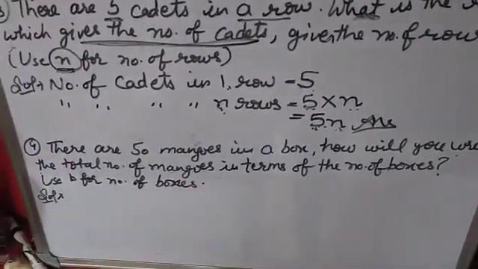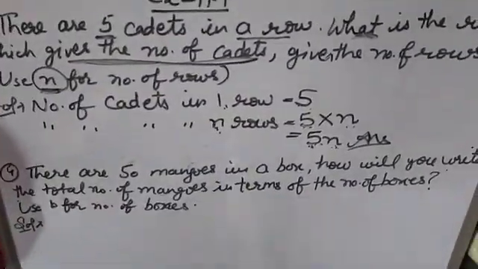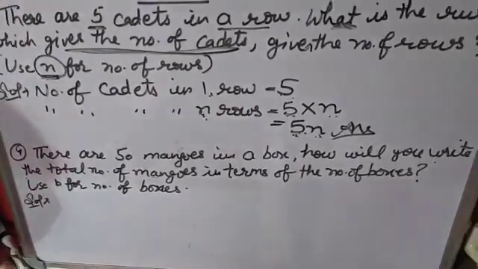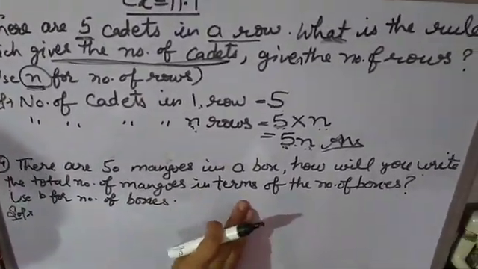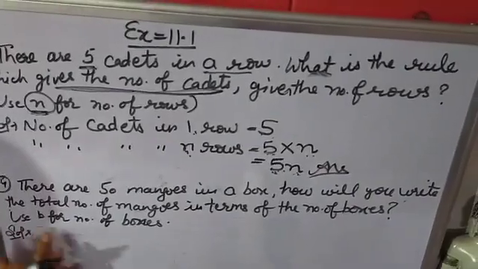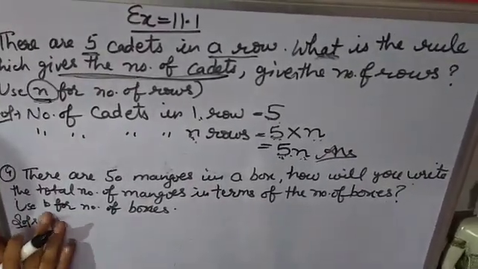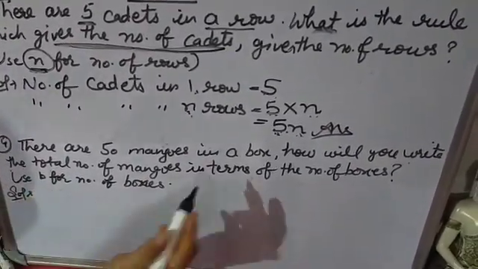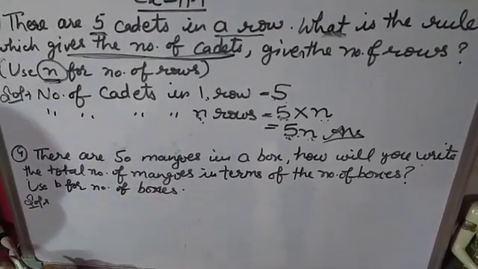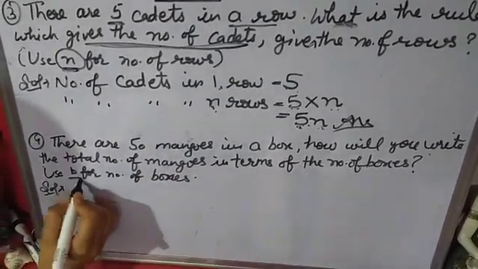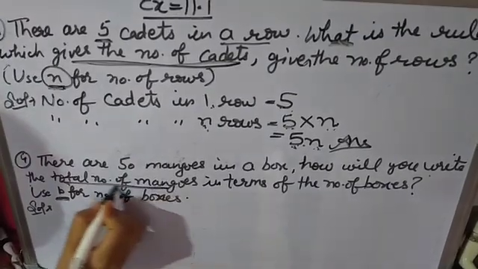Next, the fourth question is, there are 50 mangoes in a box. How will you write the total number of mangoes in terms of the number of boxes if the number of boxes is B? He is saying in one box there are 50 mangoes. So in B boxes, how many total mangoes will come?